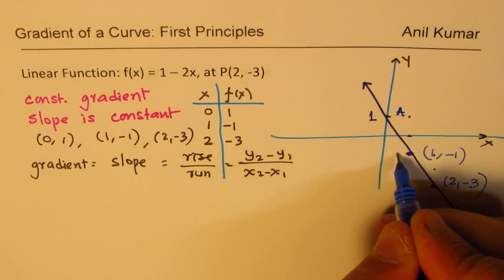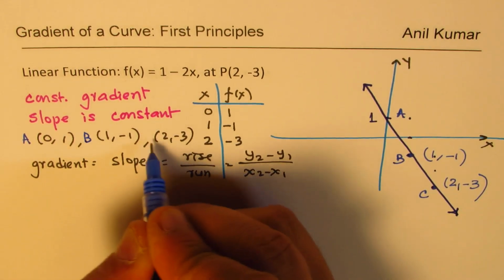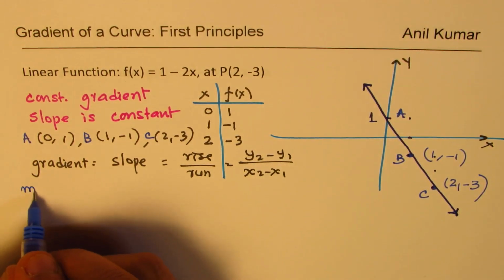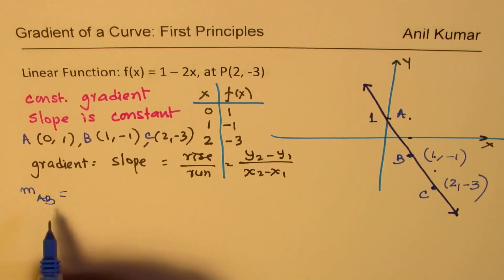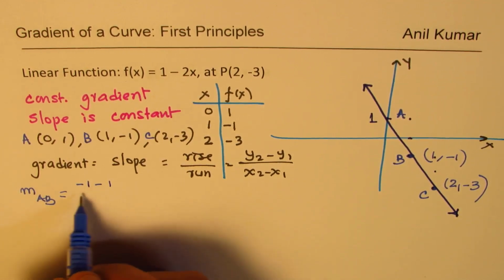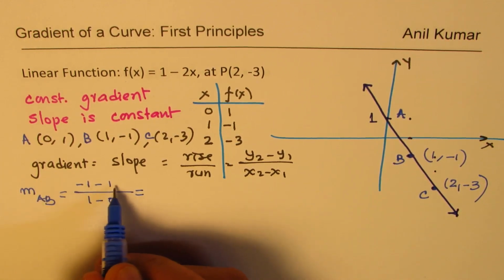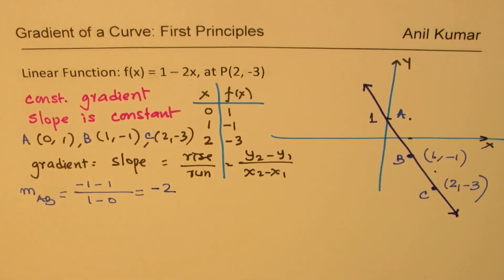Let me call them A, B, and C, right? So these are my points now, A, B, and C. So if I have to find slope between A and B, what will it be? Difference in y values, which is minus 1, over difference in x values, 1 minus 0. And clearly this is minus 2.